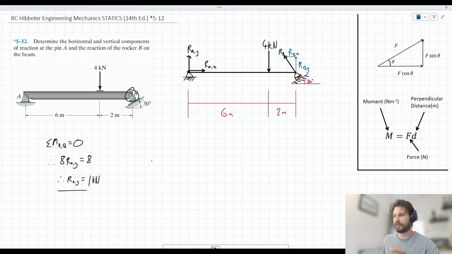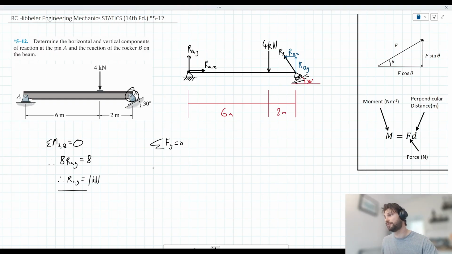Okay, so I mentioned earlier, three equilibria ideas: moment, vertical, horizontal. I reckon let's move on to doing vertical now, just because I noticed that in the vertical, we've got RA, Y, which we now know is 1. We've got 4 kilonewtons, and we've also got RB, Y. So let's go ahead and solve in the vertical. So the sum of the forces in the Y are equal to 0, or in other words, what's acting up is equal to what's acting down.